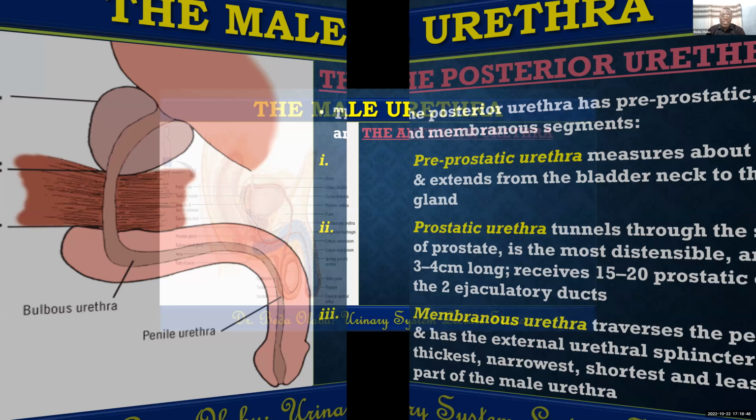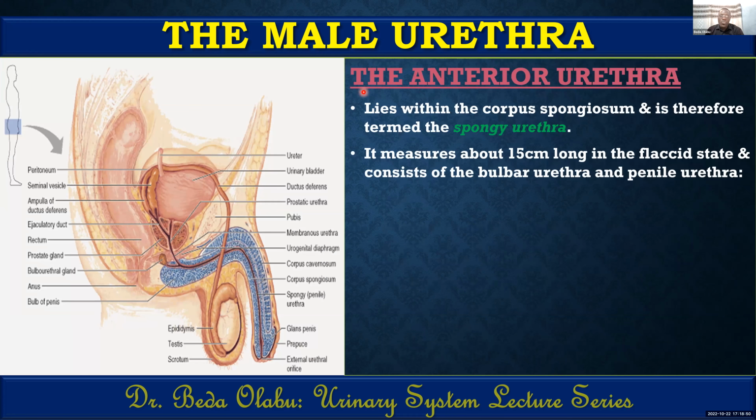The anterior urethra, on the other hand, is the region of the male urethra that lies within the corpus spongiosum of the penis and is therefore termed the spongy urethra as well. It measures about 15 centimeters long if the penis is not erect, and consists of the bulbar urethra, this part, and the penile urethra, that part.